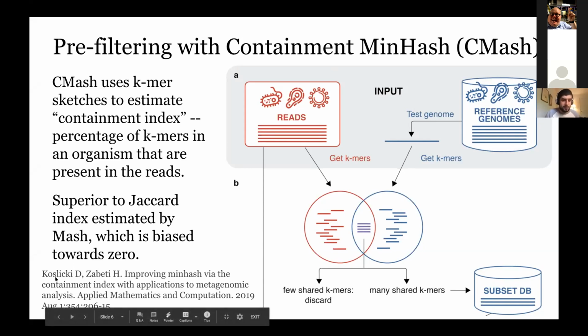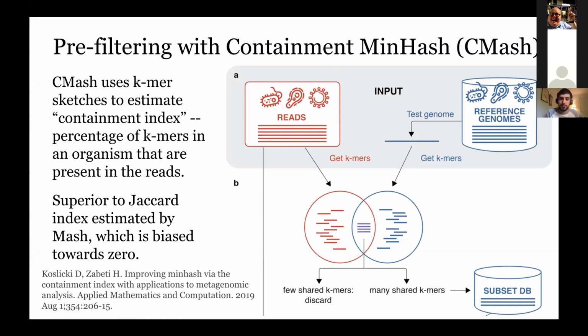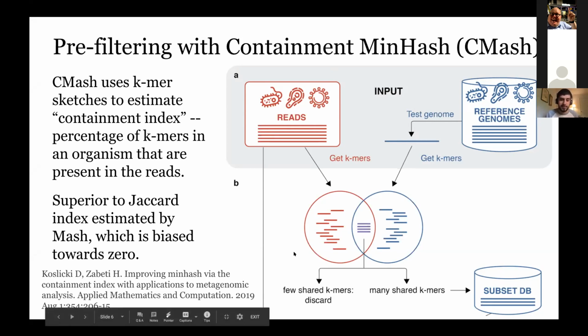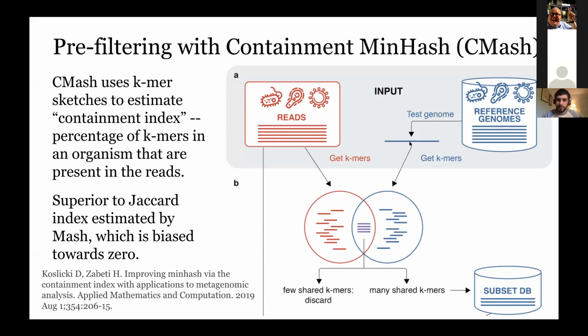It was shown by our co-author here, David Koslicki, in the paper that introduced the containment min-hash concept, that the Jaccard index is biased towards 0, and so the containment index is preferable when you have a large difference in set sizes. Intuitively, you can imagine we're testing some genome from our reference database to see if it may be in the sample, so we get the K-mers in each.